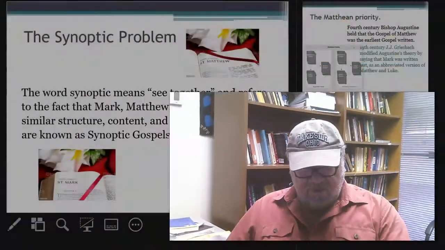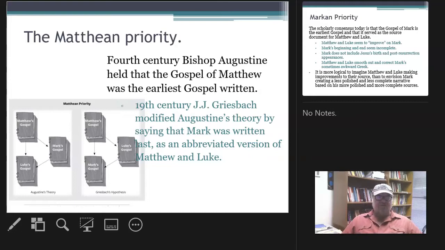The 4th century Bishop Augustine held that the Gospel of Matthew was the earliest gospel written. In the 19th century, J.J. Griesbach modified Augustine's theory by saying that Mark was written last as an abbreviated version of Matthew and Luke. And here is a little graphic describing the two theories.